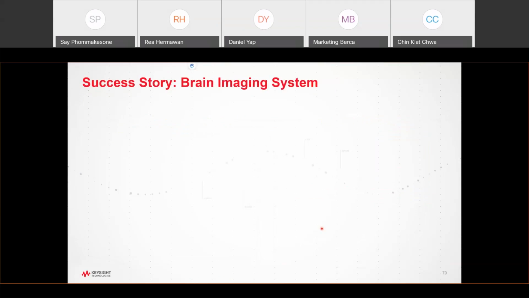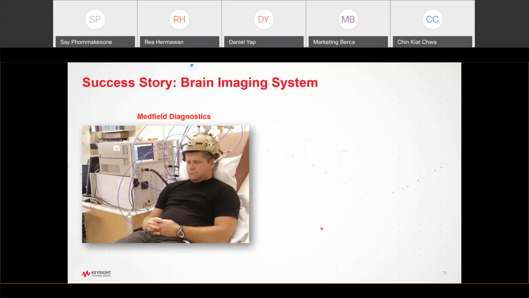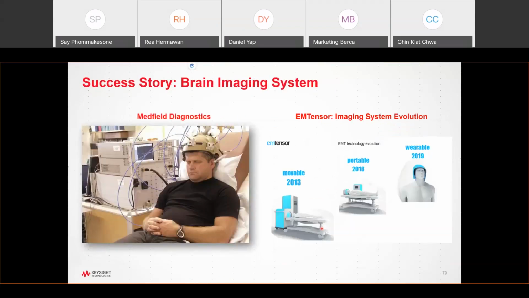Brain imaging, as you can see earlier, over the years has become smaller and now more wearable. So this is where the research area is making progress, also using some of our Keysight products.